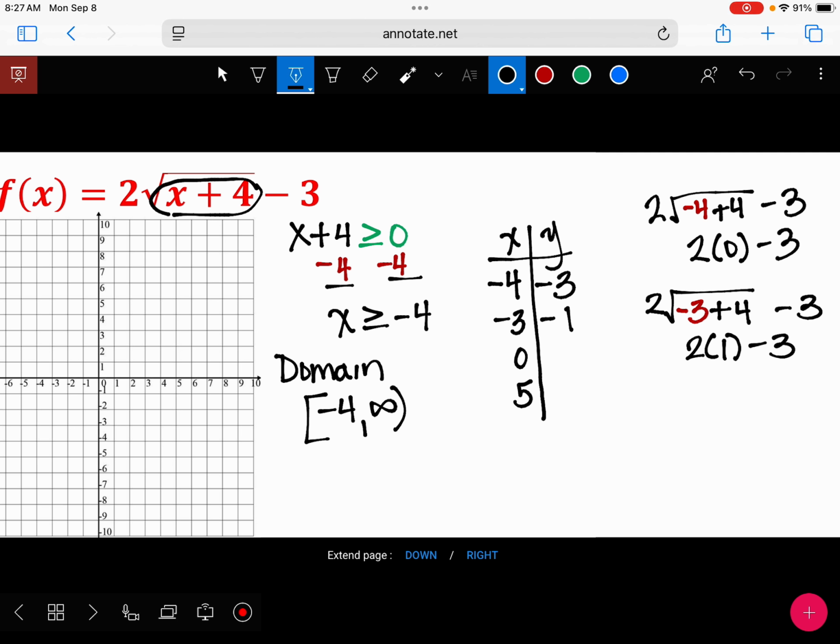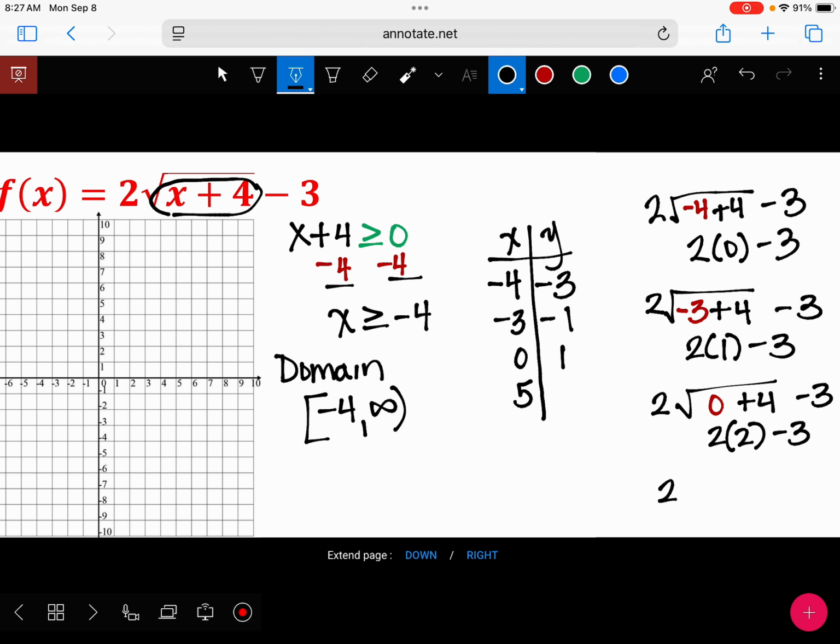All right, next one. Let's do 2. Square root, I'm going to put in a 0. Plus 4 minus 3. 0 plus 4 is what? 4. What's the square root of 4? 2. So we have 2 times 2 minus 3, which is going to give you a 1.